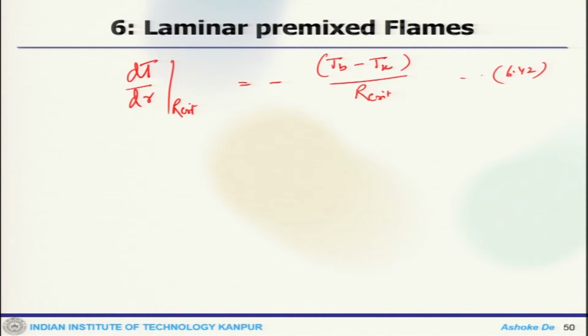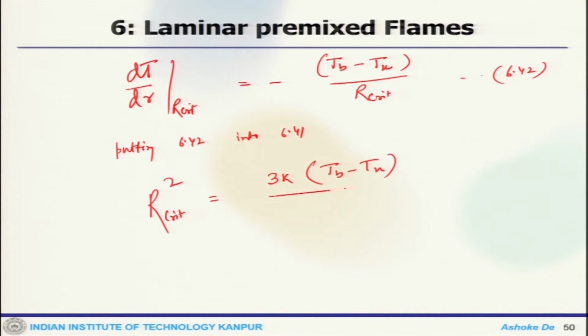Now, we substitute 6.42 in 6.41, so putting 6.42 into 6.41, we get R critical squared equals 3k Tb minus Tu by this delta Hc.